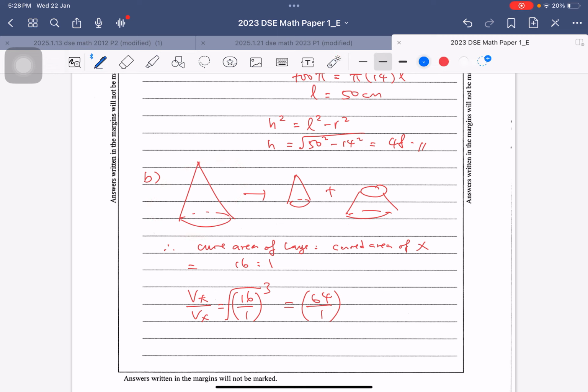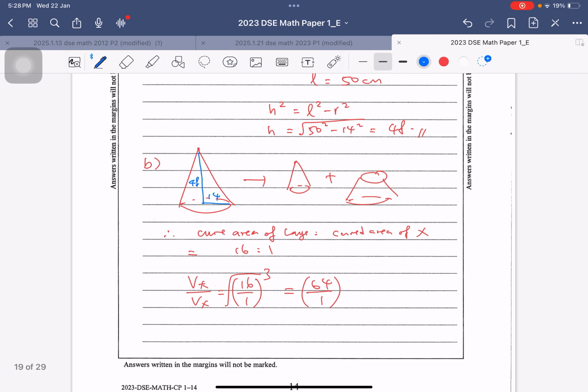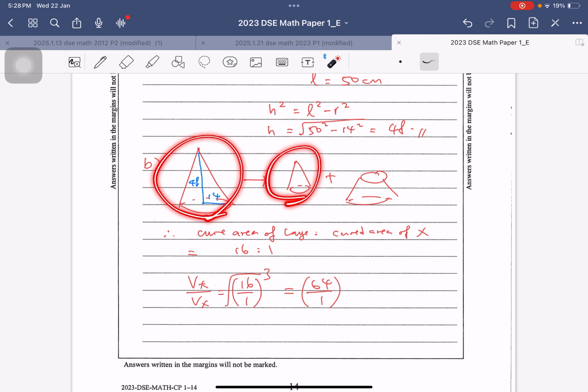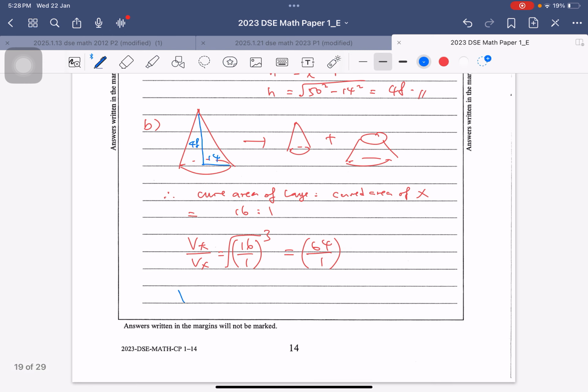So as we have the original cone's height is 48, and the radius is 14, you can just use the ratio to find the volume of the small cone, and then use the large volume minus the smaller volume to get the volume of the frustum. So the volume of the frustum is equal to 1 over 3 pi r squared h, this is the original cone's volume, and then we times 1 minus 1 over 64.